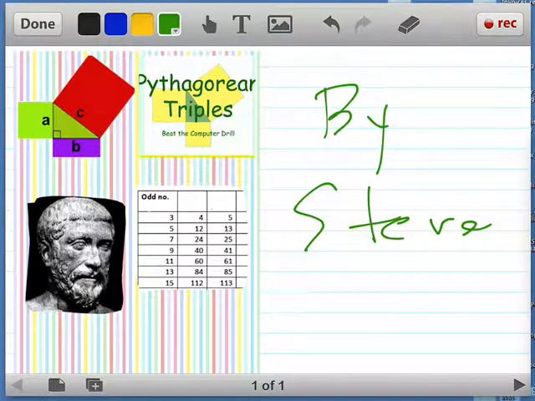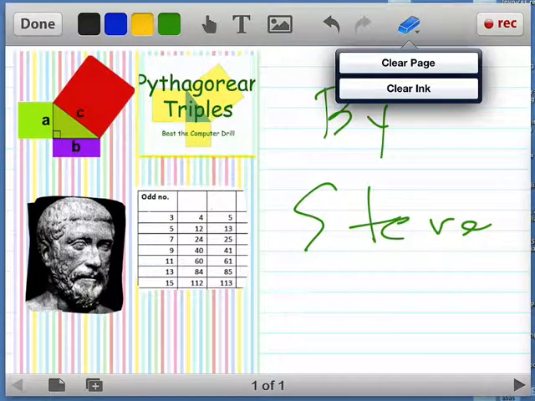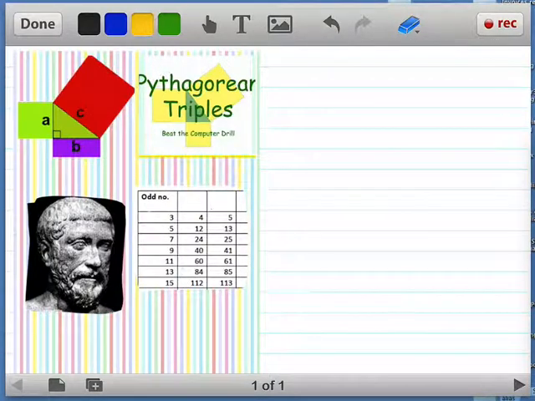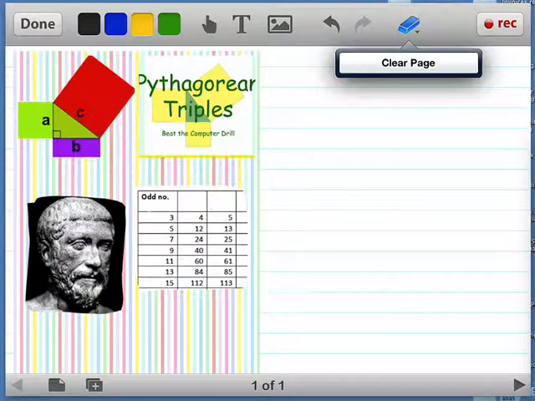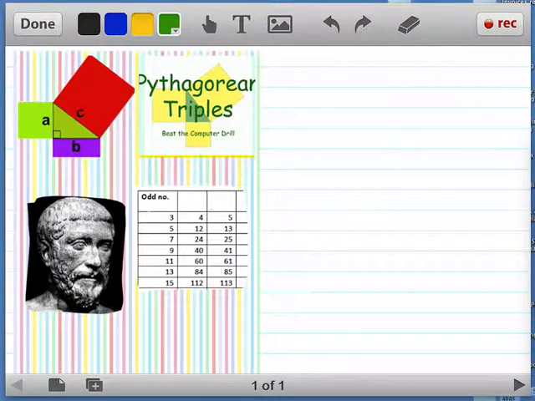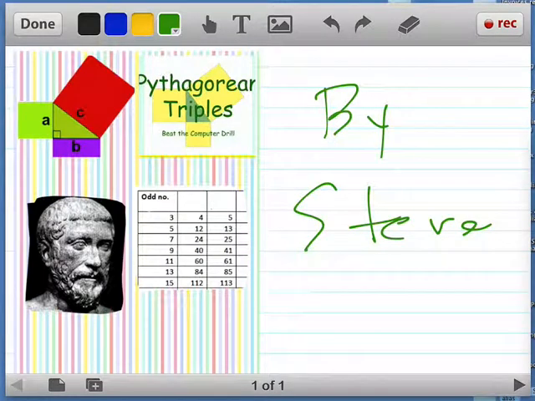So when I go to the eraser, if I click once on the eraser, I can do some erasing. If I click and hold, I can clear the whole page or just the ink. If I clear the ink, it just takes that away, whereas if I clear the page, it takes that away. I hope you see the difference. The ink that's on the page is different than the graphic that's on the page.